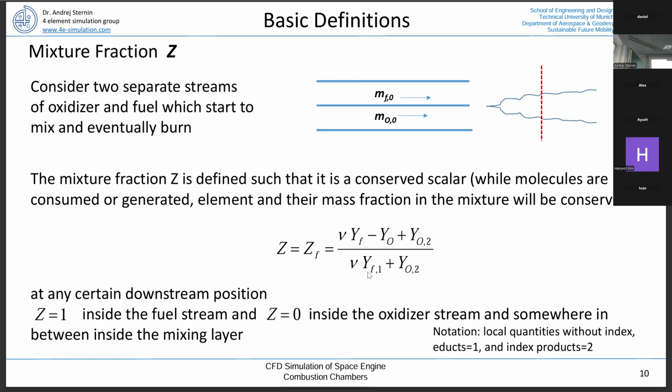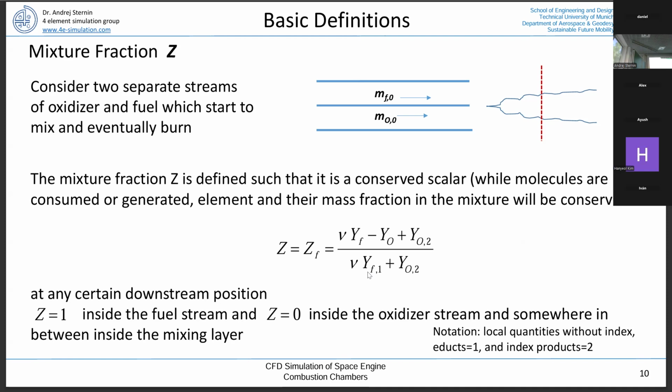Since, as I already mentioned, we have not much which is constant in a chemical reaction, people came up with the idea called a mixture fraction. The picture behind it is that we have an oncoming flow, separated, let's say, by plates: a mass of oxidizer in the unburned condition and a mass of fuel in the unburned condition.